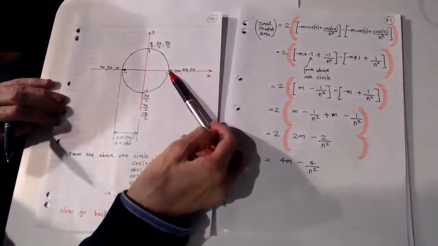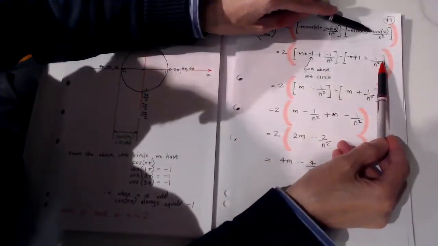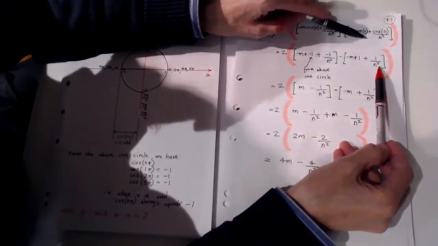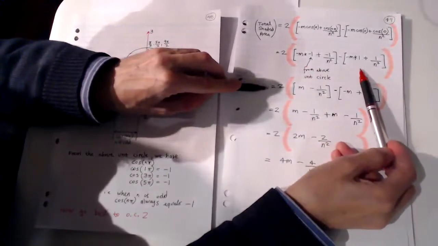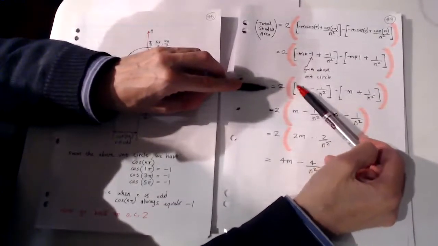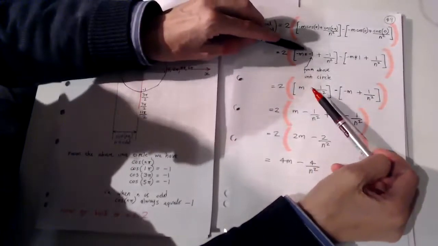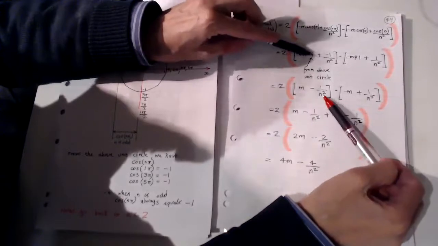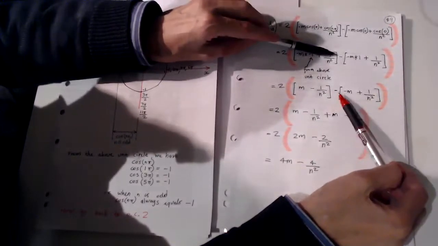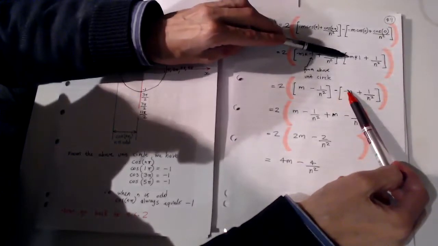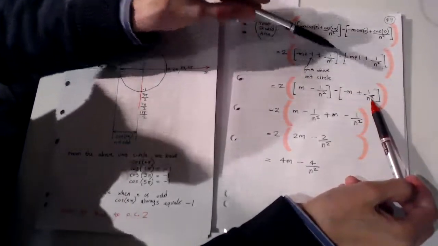Cos 0 from a unit circle is 1, plus cos 0, which is 1, on n squared. Then we can clean that up algebraically. It's 2 times everything inside the pink highlighted brackets. Negative m times -1 is m, plus -1 on n squared, then negative m times 1 is negative m, plus 1 on n squared.